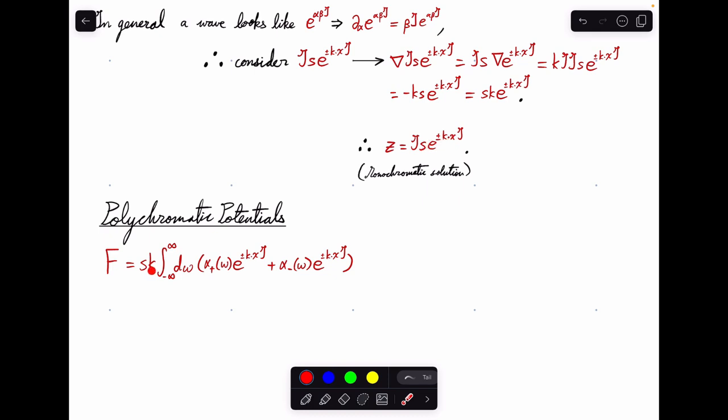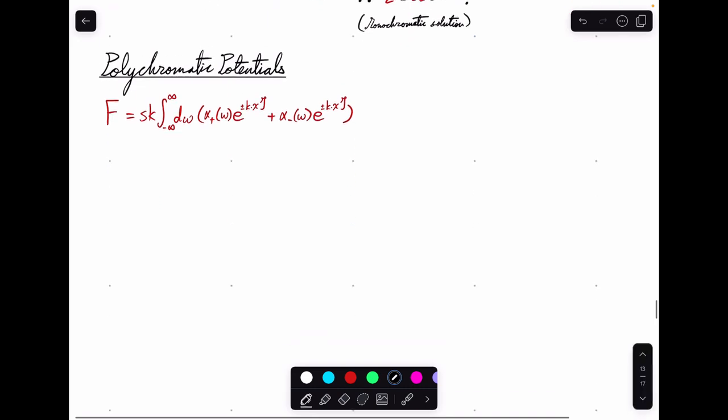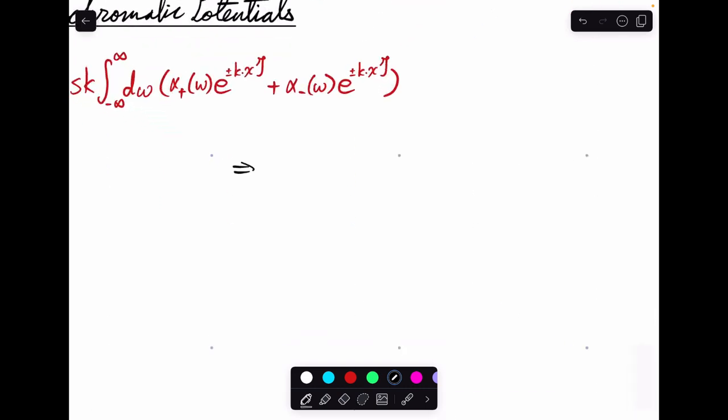So there's going to be no k in the vector potential, and there'll be an I, just an s. So that means that z is going to be the integral from negative infinity to infinity, d omega.